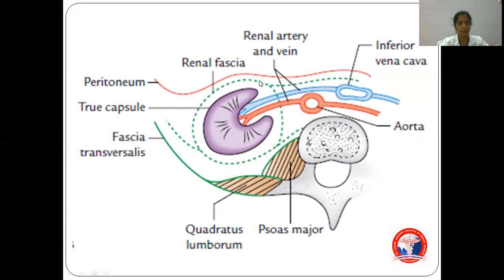When you trace it laterally, this fascia continues with the fascia transversalis. Okay, now we have traced above, below, medially and laterally. So this is about the coverings of the kidney.